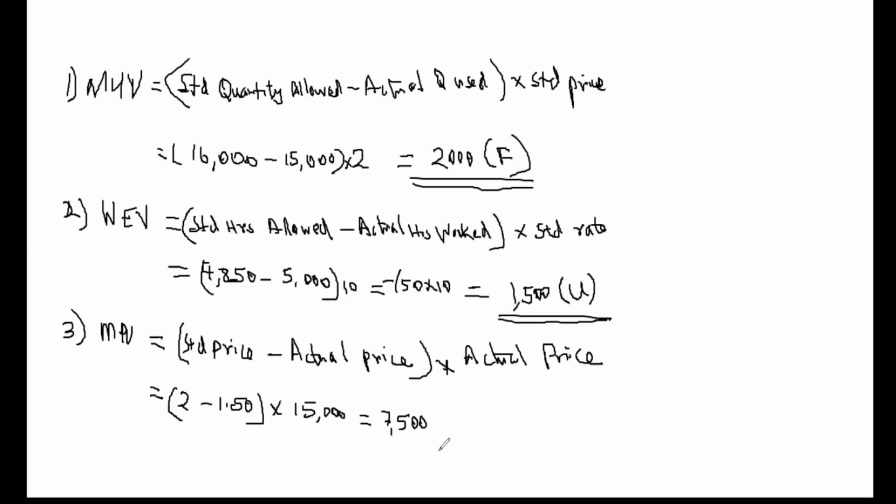Favorable. F. 2 is greater than 1.5, so you just check here and you realize that your answer will be positive, and because it's positive, it's favorable.